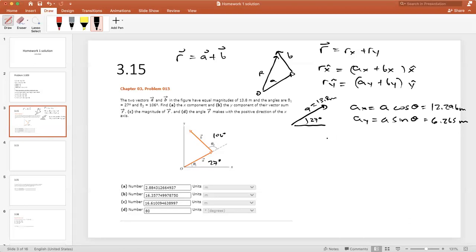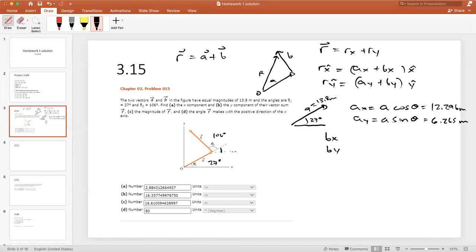However, to find Bx and By, we need to find the angle associated with B, and it's not the angle given. It's the angle from the x-axis. We can move the x-axis, assuming it's always parallel to the one we have here.